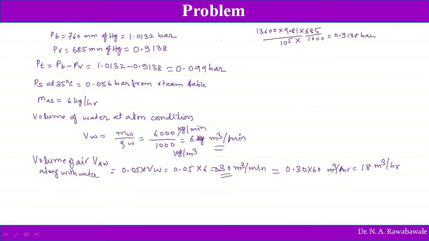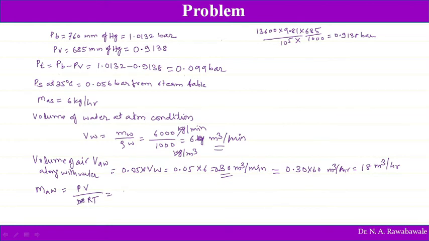So the mass of air entering along with the water, MA, is equal to PV divided by RT.